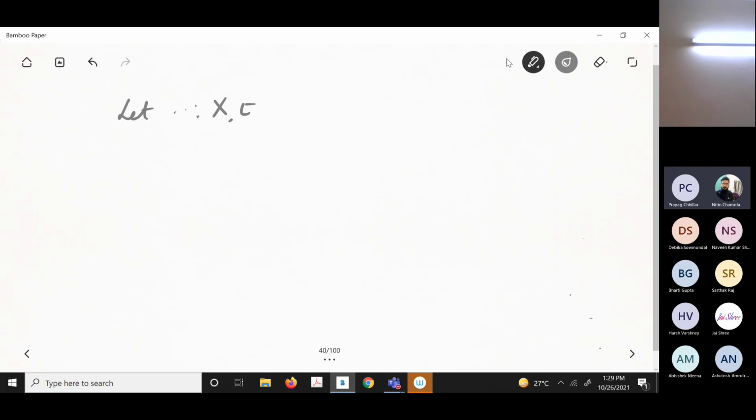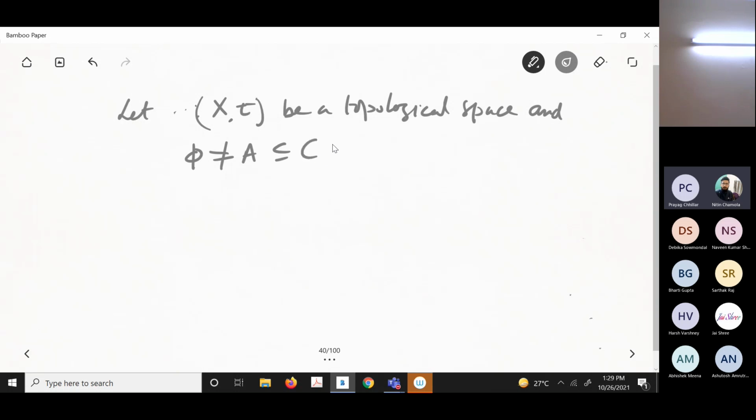Let X tau, I can do it for a general definition. X tau be a topological space. And a non-empty subset of C(X).